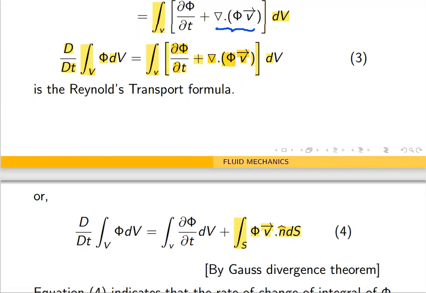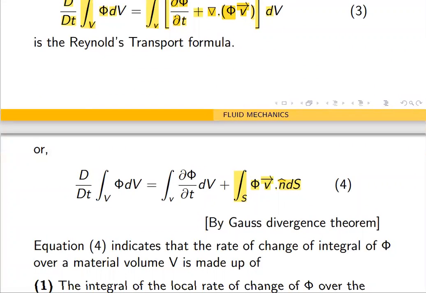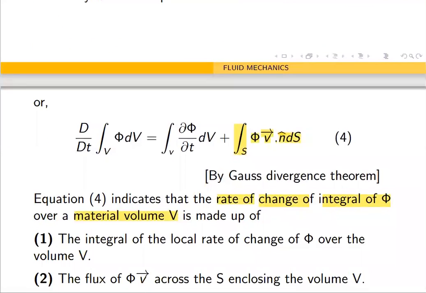And this equation, the Reynolds formula, indicates what? It indicates that the material time rate of change of the integral of φ over a material volume V is made up of two parts. Number one, the integral of the local time rate of φ, that is the first term on the RHS, over the volume V. And the second term indicates the flux.